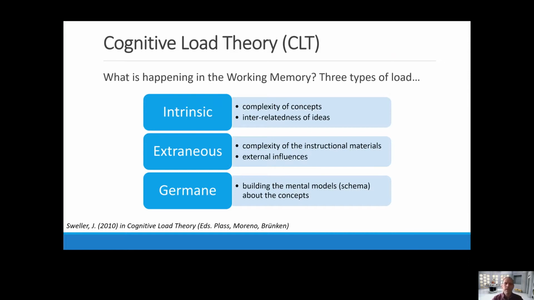Extraneous load is to do with how the instructions may be presented to the students and external influences. And germane load is this idea about using the space in the working memory to build those schema, to make those schema more complex and more all-encompassing as we learn new information.